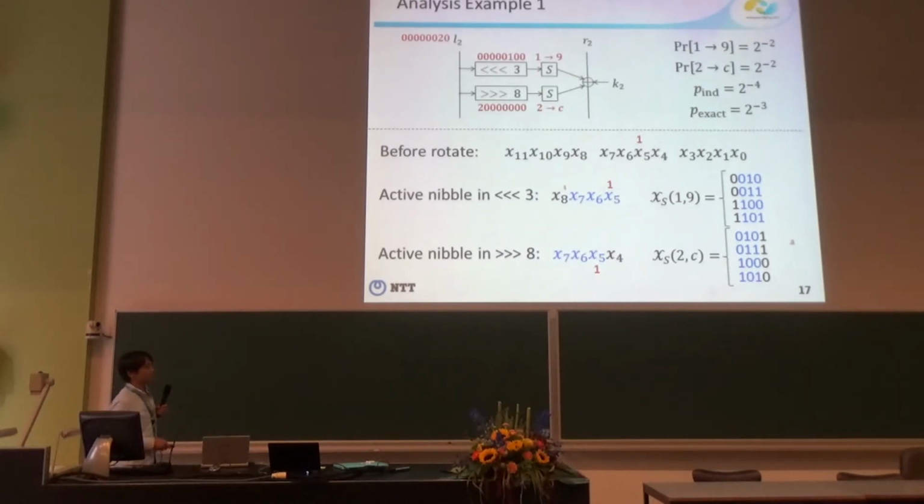Then I check the real values that propagate from difference 1 to difference 9, and similarly difference 2 to difference C. You can see that for those 3 bits, out of 8 possibilities, 4 can satisfy the propagation. And the great thing is, all 4 possibilities of those blue parts are also valid solutions for the bottom half. So it's not independent. So this probability is 2 to the minus 3.